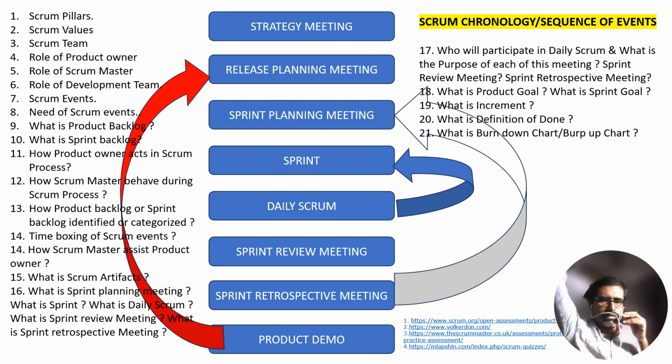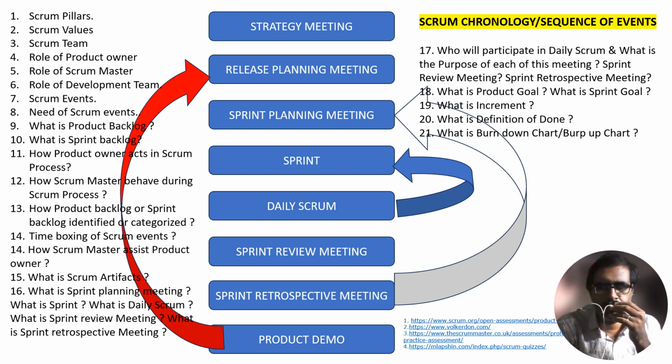A daily Scrum meeting is held for a quick knowledge sharing of work done, work going to be done, and any impediments or showstoppers. Sprint review is held to showcase the done deliverables, and sprint retrospective is for identifying improvements for the next sprint.